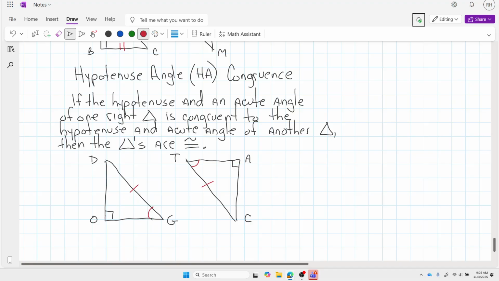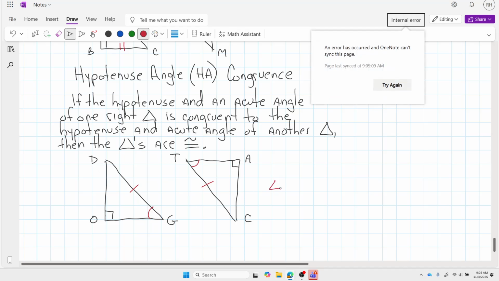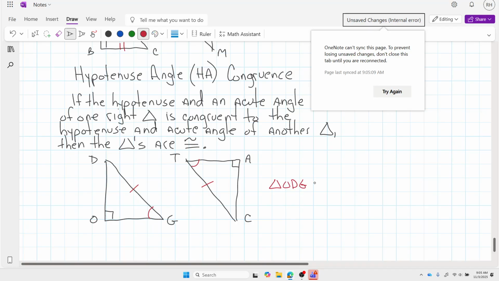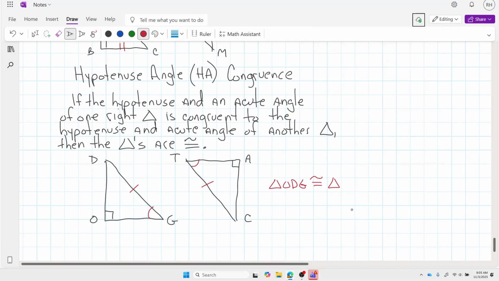So triangle, let's go with ODG, is congruent to triangle. If we started with O, what do we start the second one with? A, good. And then we went to the other acute angle, so we're going to go ACT. Any questions there?